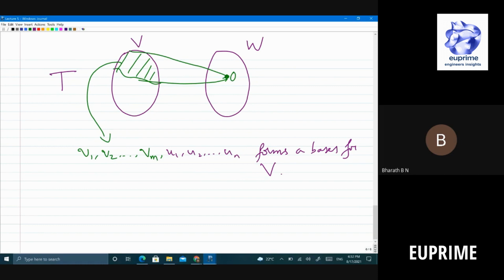Okay. So of course T v1 is what? 0, right? T vi is 0 for all i = 1, 2, etc., m. This is very clear, right? It goes to 0. Now let's look at what happens to T u1 through T un. What can you say about that?